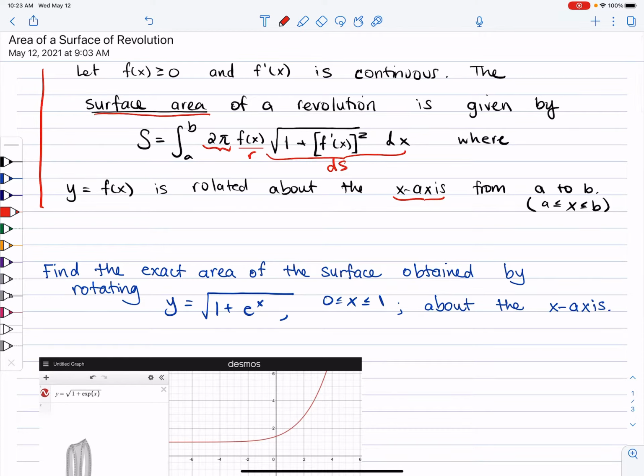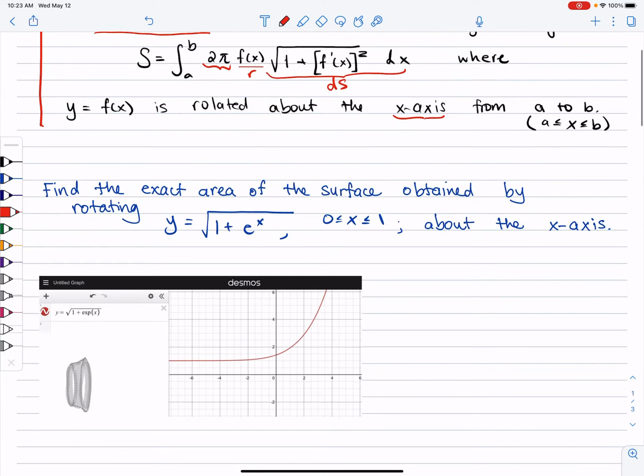And we are going to say that x is between a and b. And we have this first example. So we have the equation y equal to the square root of 1 plus e to the x, as x goes from 0 to 1, and we're going to be rotating about the x-axis.